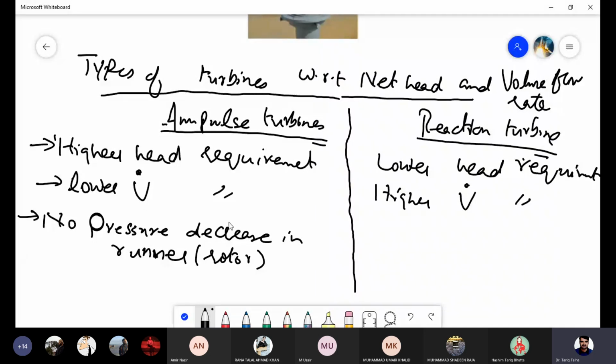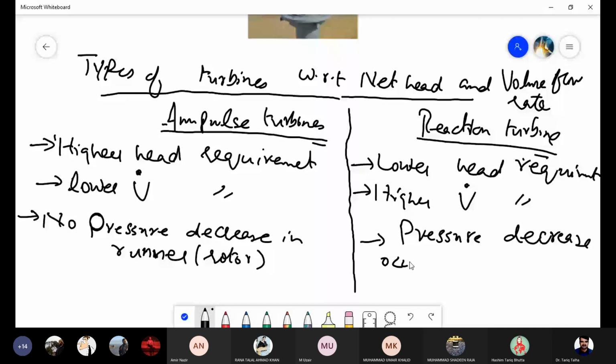In case of impulse turbine, there is no pressure reduction in the runner, but in case of reaction turbine, pressure decrease occurs partly in the stator and partly in the rotor.